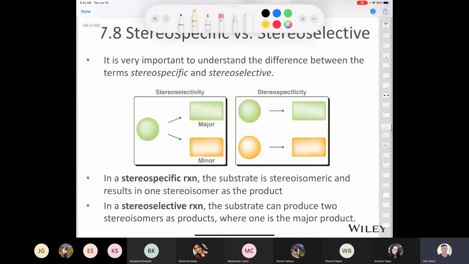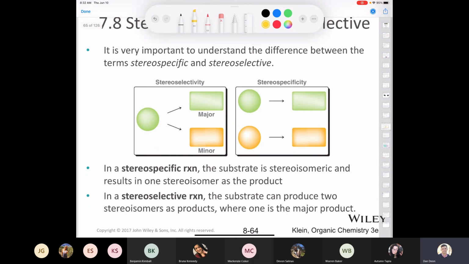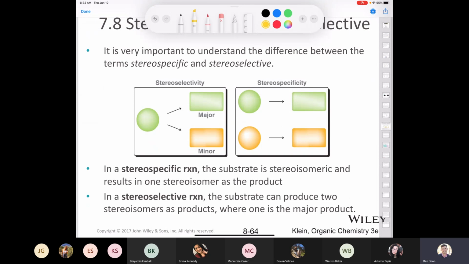If you're struggling with the words, like stereospecific and stereoselective, think about stereoselective. Let's say you're going to a donut shop. If I'm selective for one over another, that means I'm going to get more of this donut versus that donut. You want the one with the frosting or something.